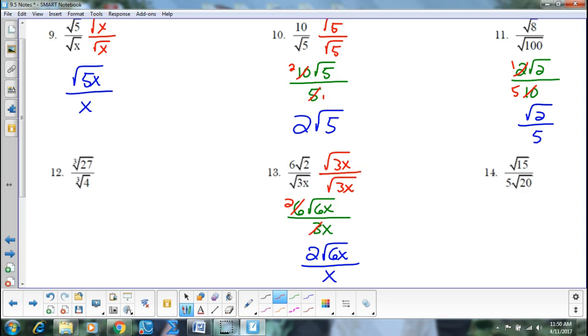All right. Let's deal with 12 first, 14 last. Okay. 12, I'm dealing with cube roots, right? So now I've got to look for perfect cubes that they go into.